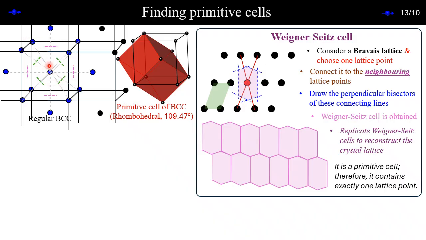Do you agree? Center to here and goes down here and here. If I bisect, do you agree the bisection would be on this surface? Because these are equidistant. But here this bisector will be within the unit cell. If you understood up until this, then you are almost done.